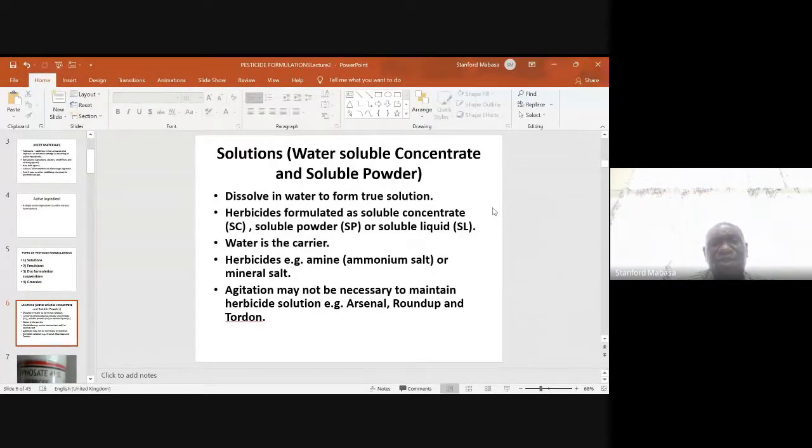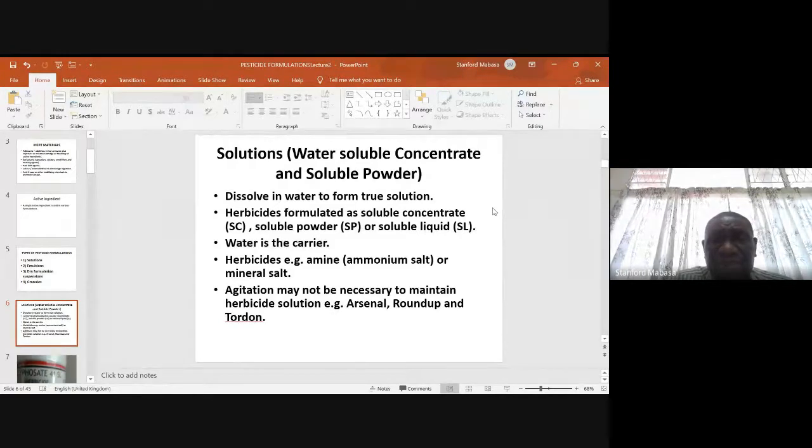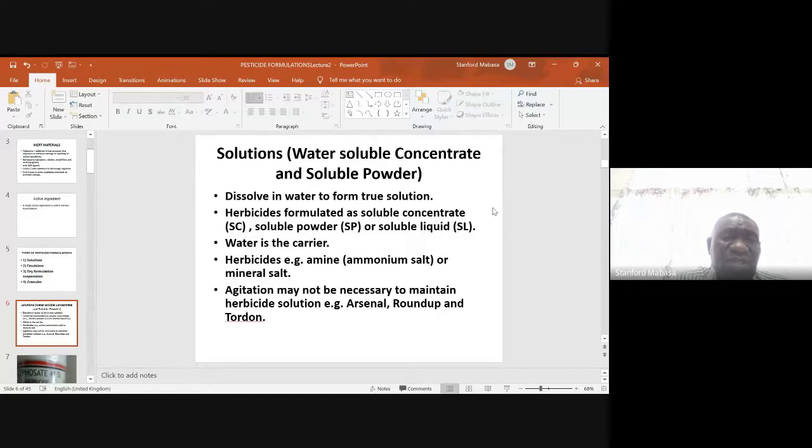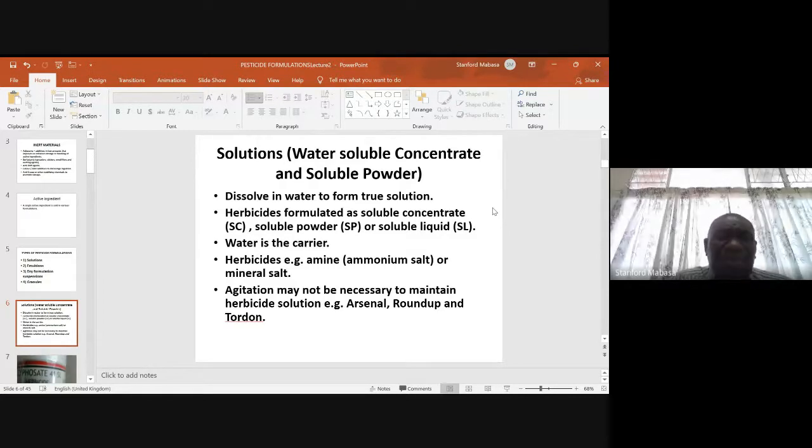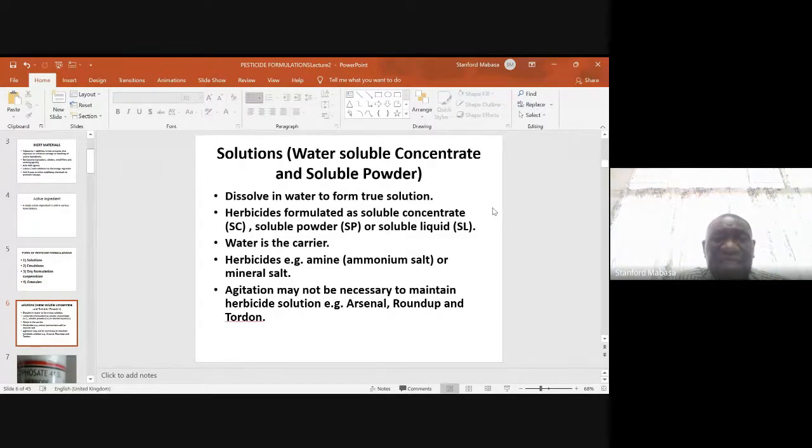If it is soluble powder, it's written SP. If it is soluble liquid, it's written SL. If you look at the pesticide labels, normally you can get some of these symbols.